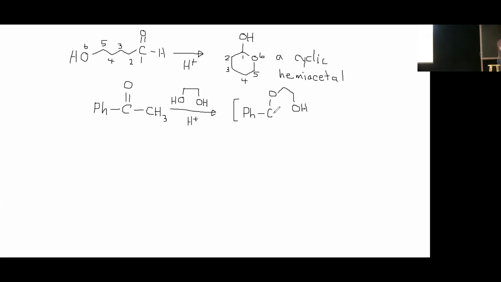Okay, so let's say we use that as our solvent and added an acid catalyst. Well, if you consider what our hemiacetal is going to look like, this will still go through a hemiacetal. But if you think about it, CH2CH2, and what else do we have? We've got OH, and we've got CH3.